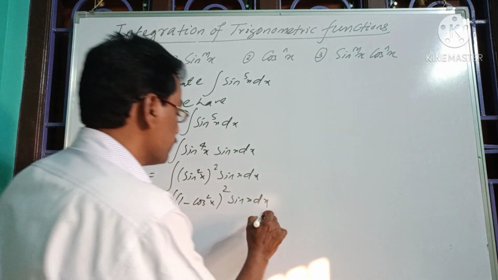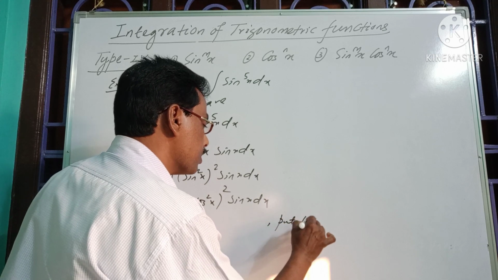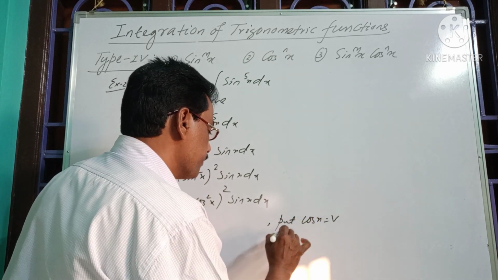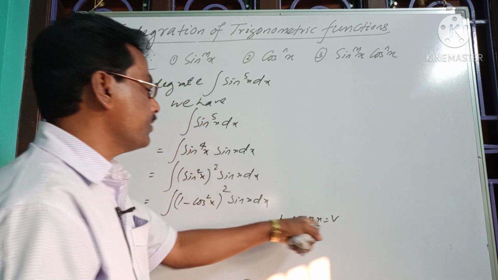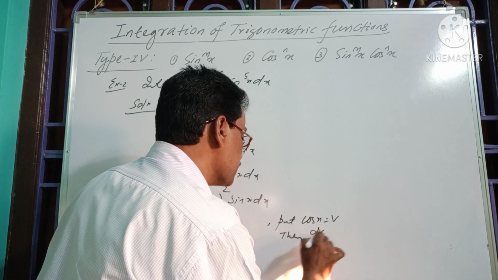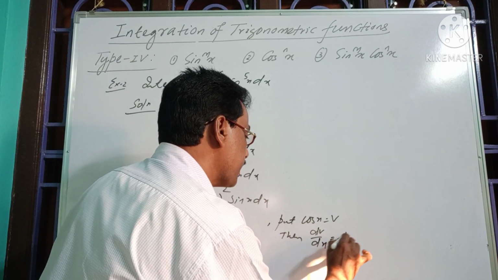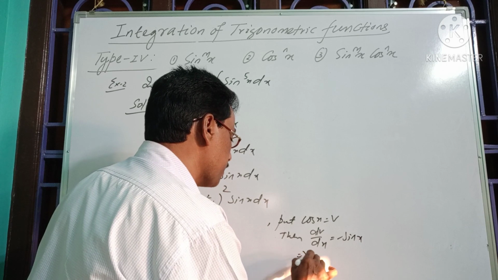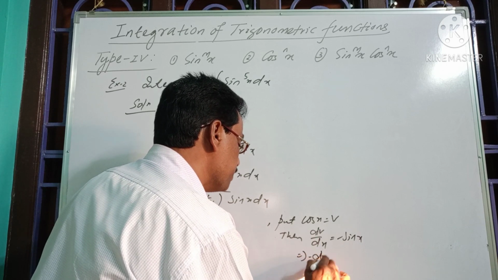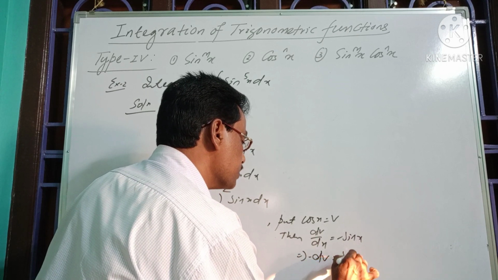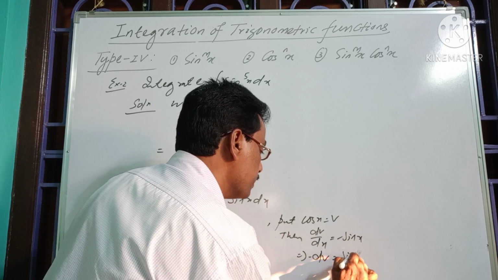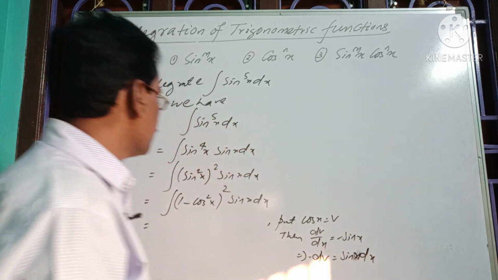We have to put cos x equal to v, then v is a function of x. So differentiating v with respect to x, it will give us minus sine x. So again simplifying, we have minus dv as sine x into dx, which is in the integrand.